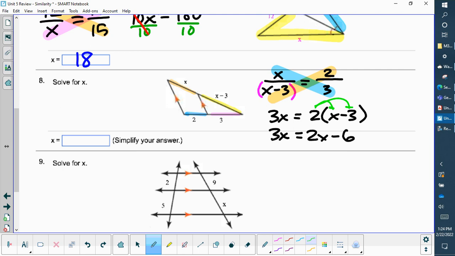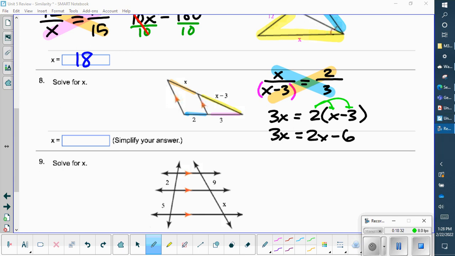Okay, and now I'm going to go ahead and plug in my answer here. I'm going to go ahead and get x to one side. Oops, hold on one sec.